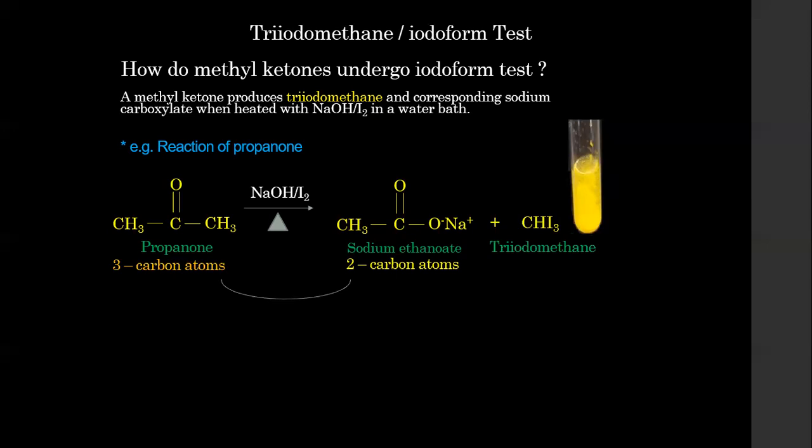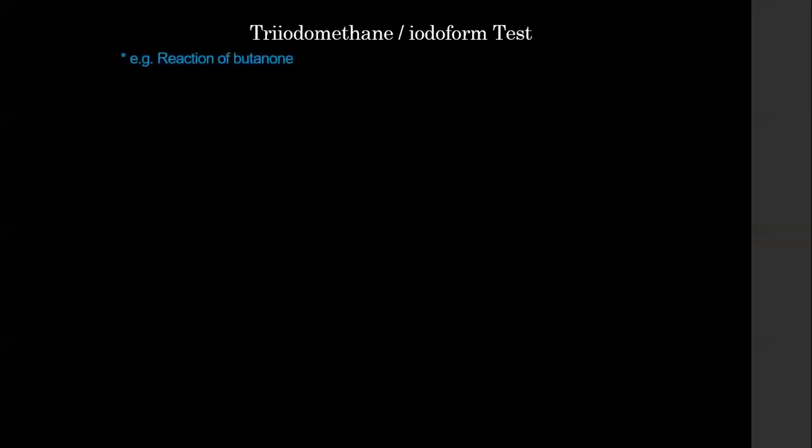So in this iodoform reaction, a 3-carbon molecule produces a 2-carbon molecule. The carbon number decreases by 1, because the CH3 group detaches from the molecule to form triiodomethane. Something really important you must remember.